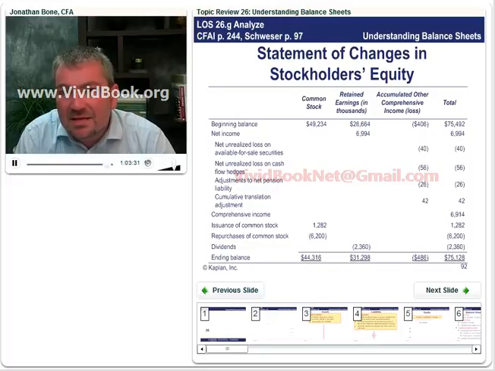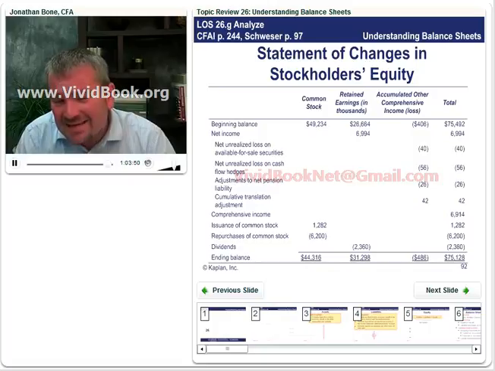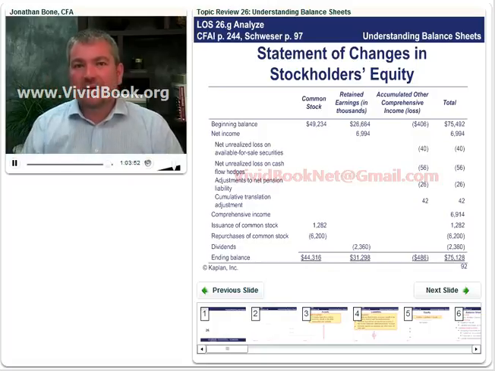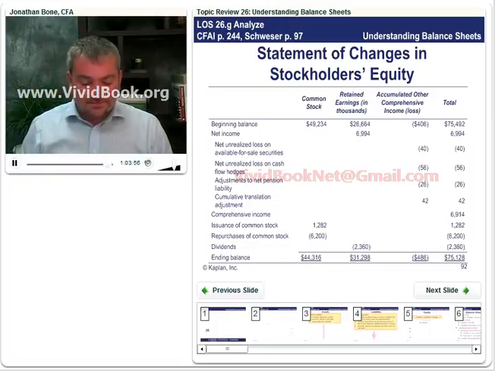Again, we've got a 26 adjustment here. Again, you'll encounter that at level 2, so don't need to worry about it now. And also the cumulative translation adjustments caused by the current rate method of converting overseas subsidiaries. Again, level 2 subject. So the only one you really need to understand in the level 1 syllabus is the unrealized gain or loss on available for sale securities.